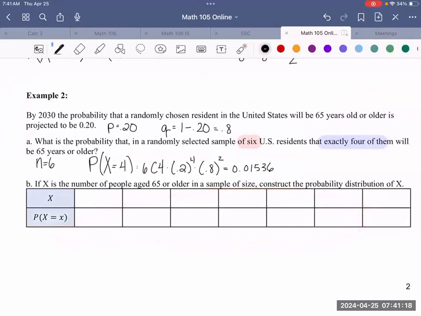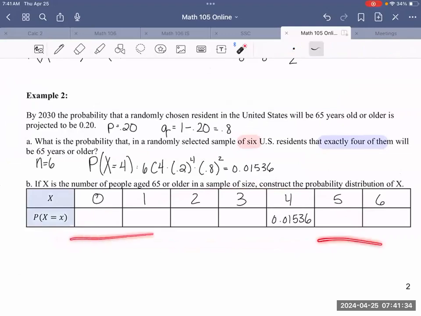So keep in mind we have 6 total, so we can have no successes, or 1, 2, 3, 4, 5, and 6. We already found one of them, 0.01536. Now you don't have to do all 6. I would pause the video and do maybe the first 2 or 3, get the hang of it, and then jump back.